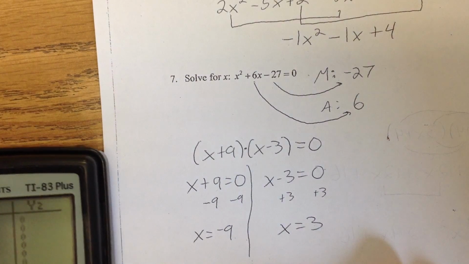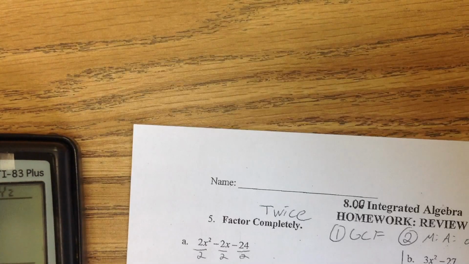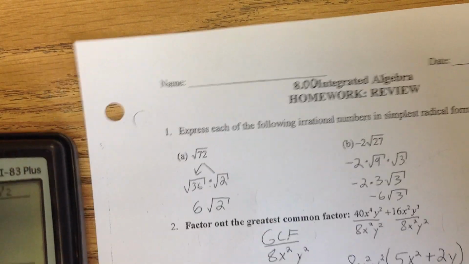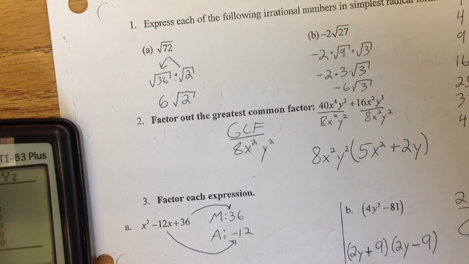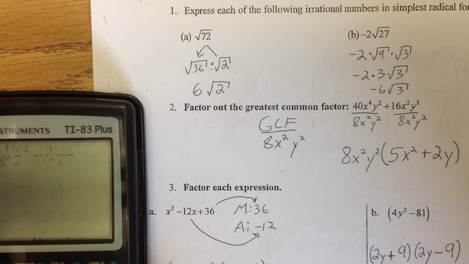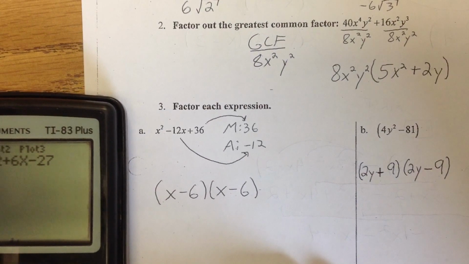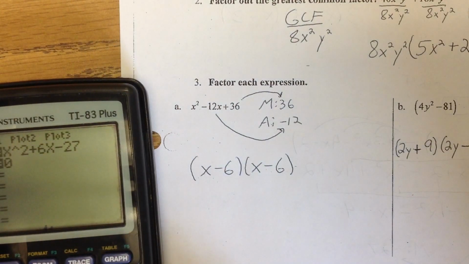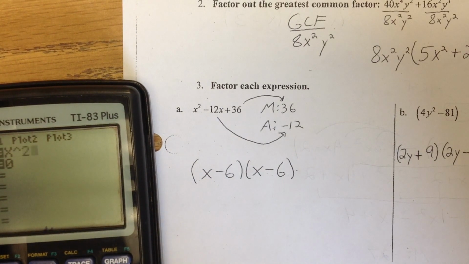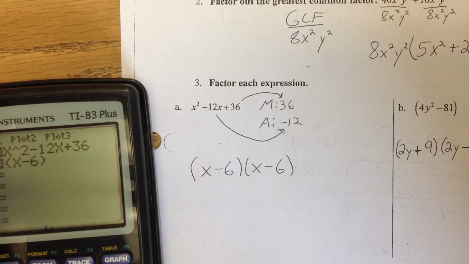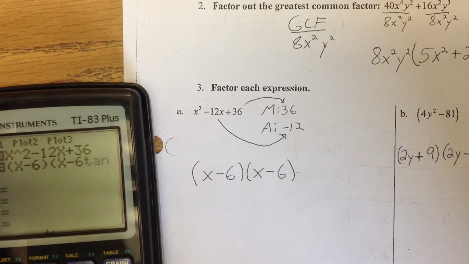Now for any other problem, the way we can check these is we put the problem into y1. So let's just do, for example, 3a here. We would put the problem into y1, so x squared minus 12x plus 36. We'd put our answer into y2, x minus 6, x minus 6.